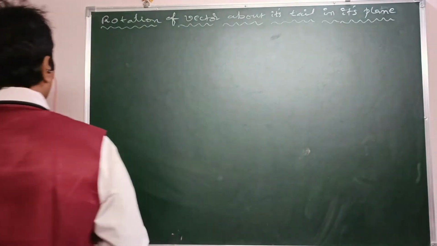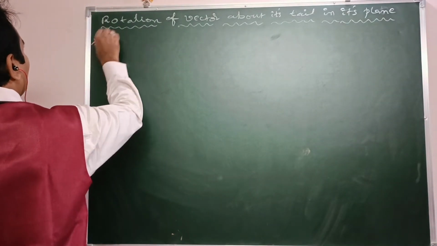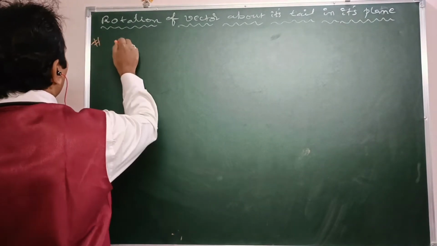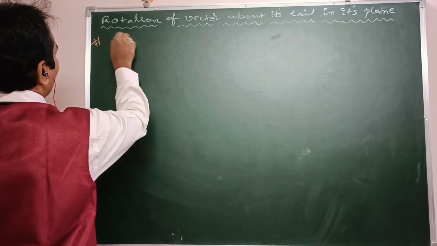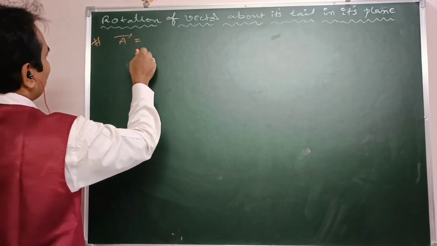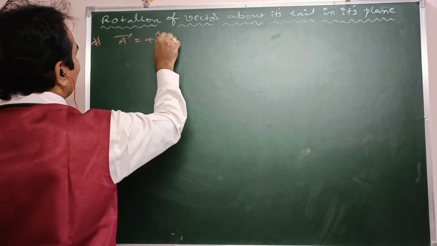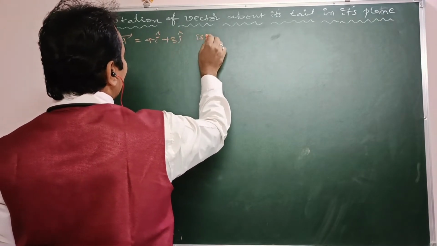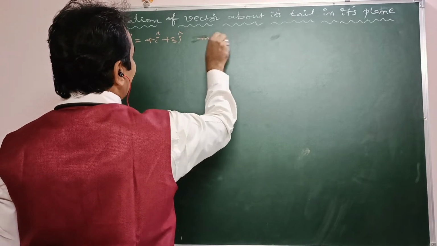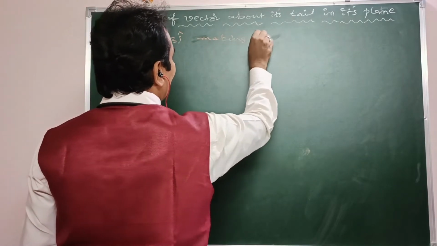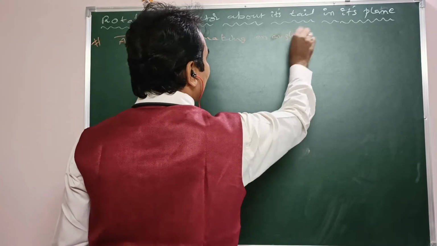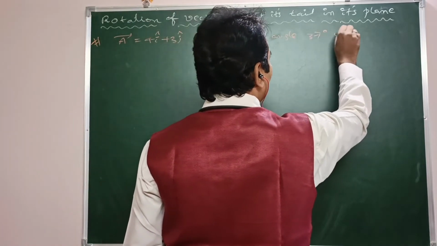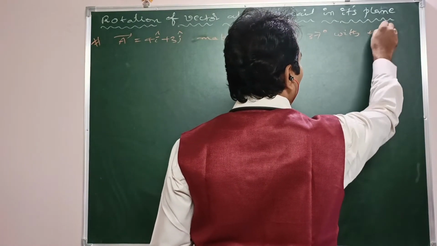Let us see one numerical. Suppose a bar equal to 4i plus 3j is making an angle 37 degrees with positive x-axis.